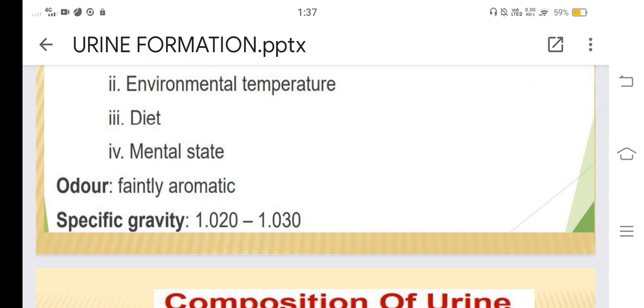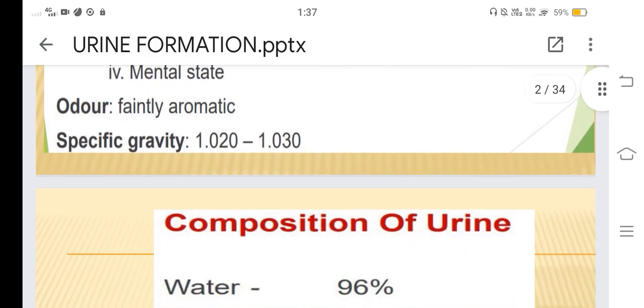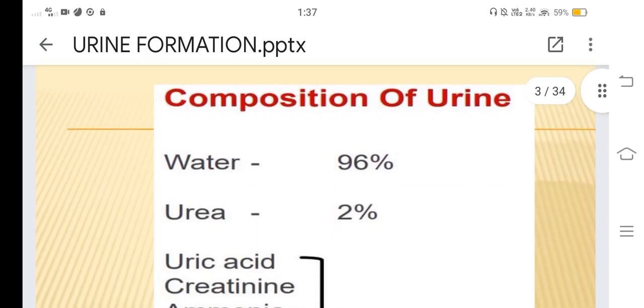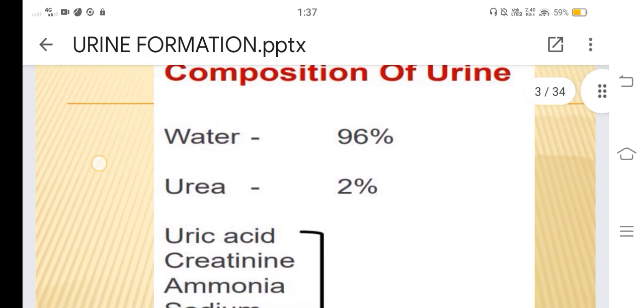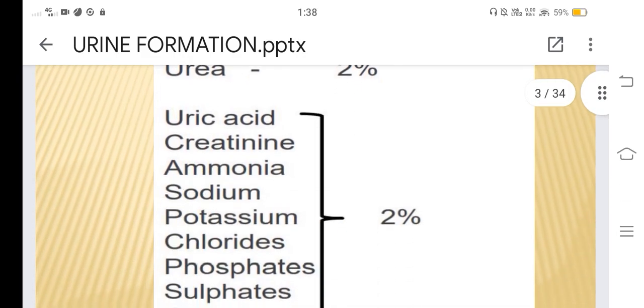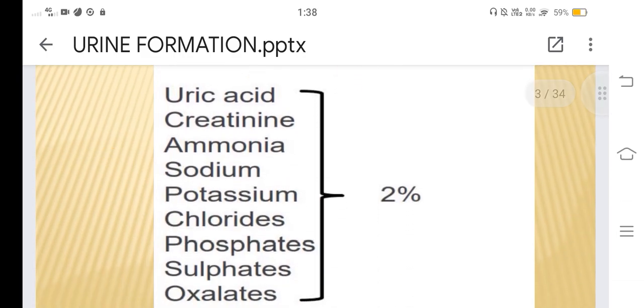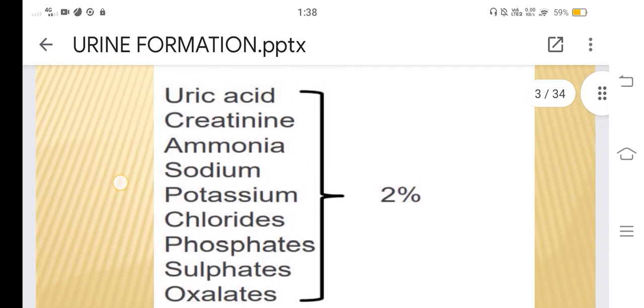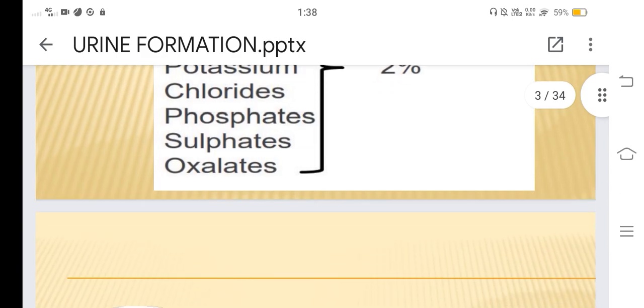Odor is faintly aromatic, then specific gravity 1.020 to 1.030. Composition of urine: water about 96%, urea 2%, uric acid, creatinine, ammonia, sodium, potassium, chlorides, phosphates, sulfates, oxalates. Everything else consists of about 2%.